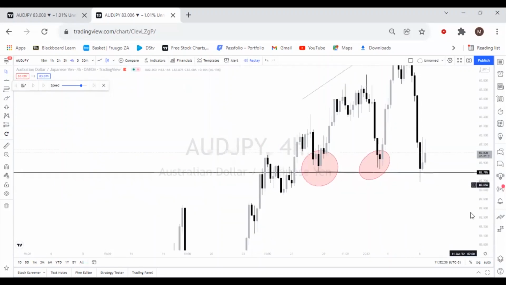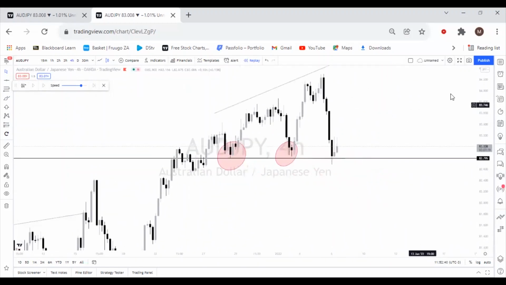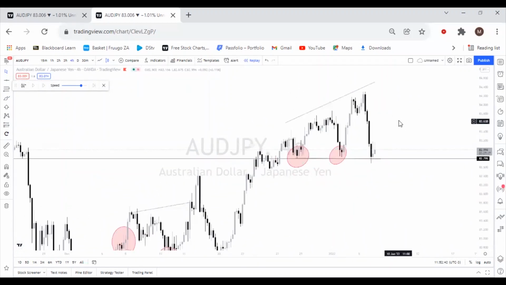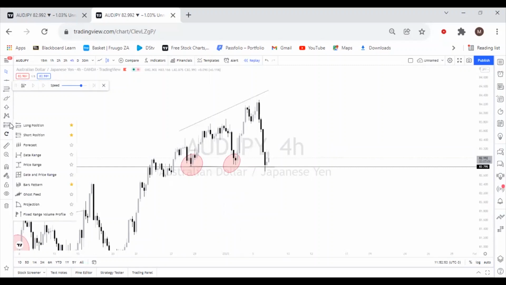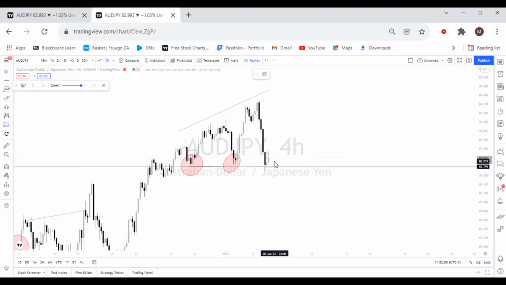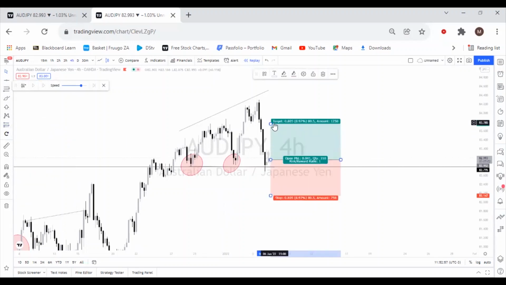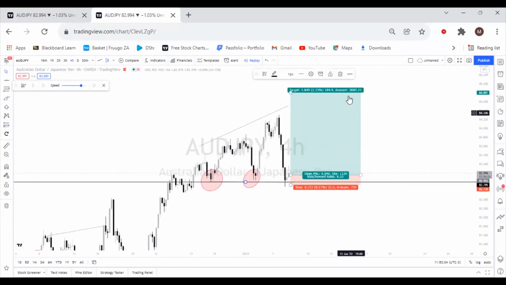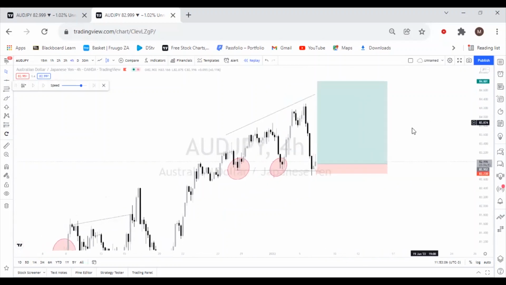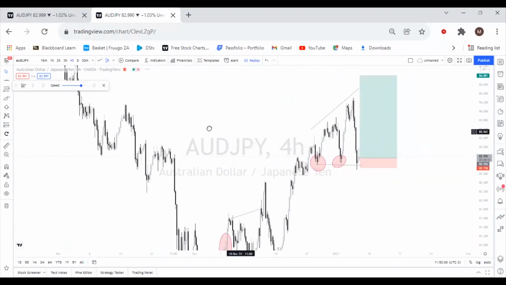So I'll be waiting for that if I don't want to take the smaller time frames, because in most cases the smaller time frames are basically traps that are not that accurate, so it's better to wait for the biggest time frame confirmation. So this is what we have with AUDJPY.